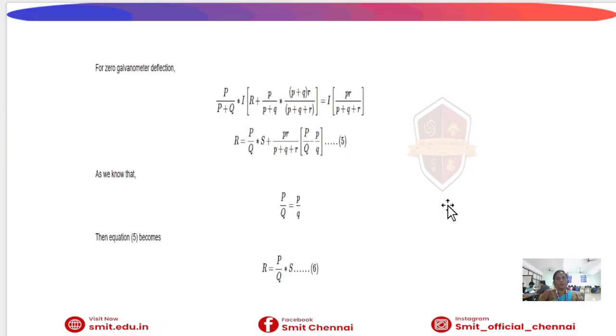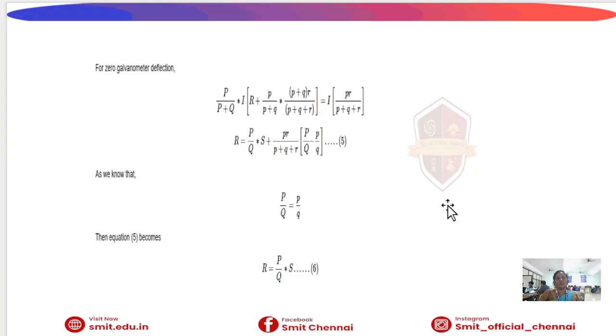However, in Kelvin double bridge operation, we make an important adjustment: capital P by Q equal to small p by small q. That means the ratio of the main arms is made equal to the ratio of the auxiliary arms. Because of this condition, the error term caused by lead resistance gets cancelled.